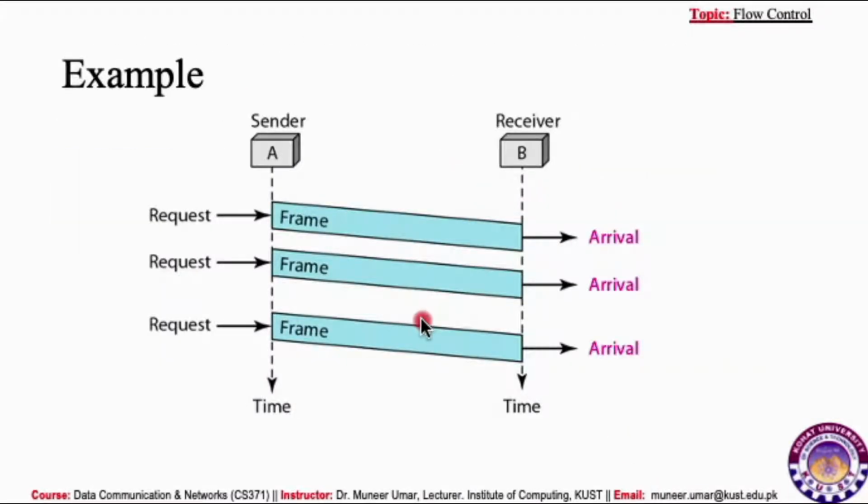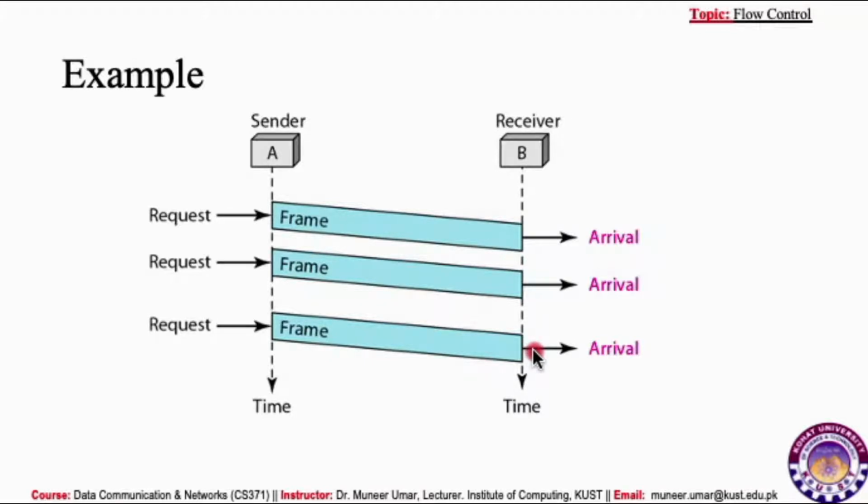This figure shows an example of communication using the simple protocol. It is quite simple. The sender sends a sequence of frames without even thinking about the receiver. To send 3 frames, 3 events occur at the sender side and 3 events at the receiver side.